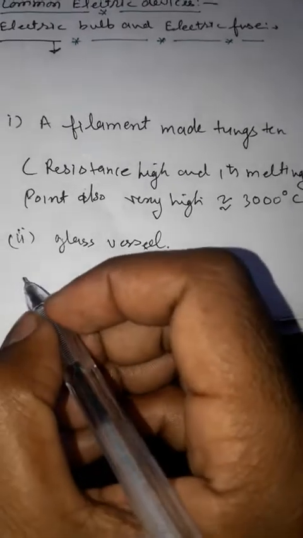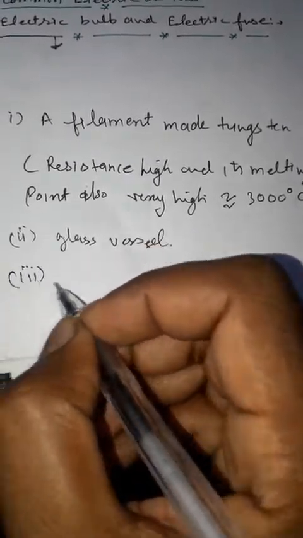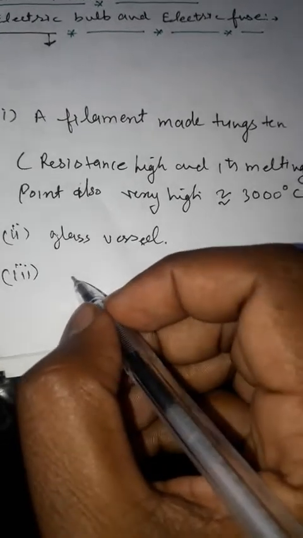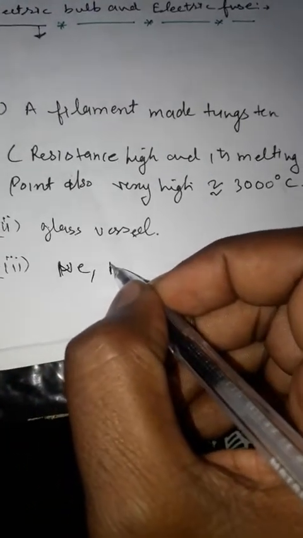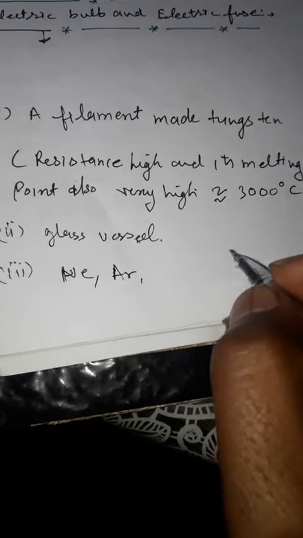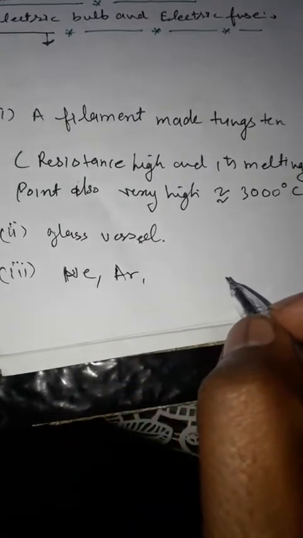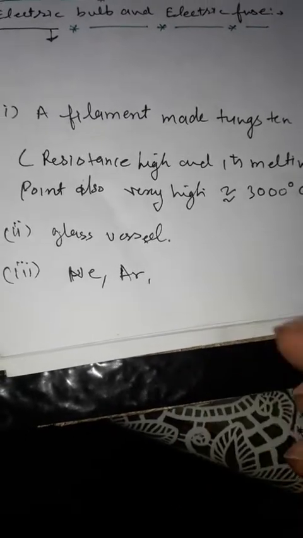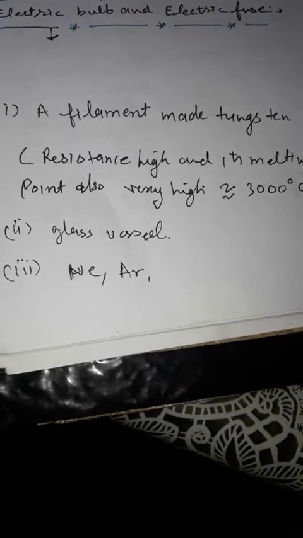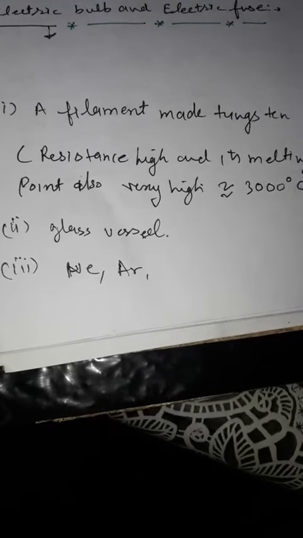One more thing is that in this glass vessel there are some inert gases like neon and argon. These are inert gases, so they cannot react with the tungsten material, and hence it provides light in the surroundings with the help of the filament.